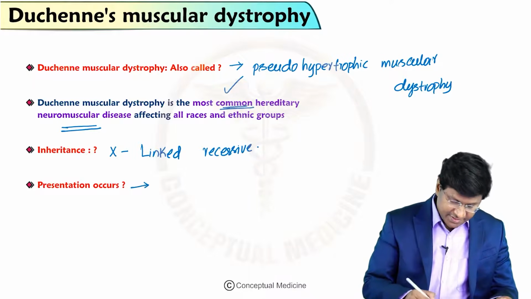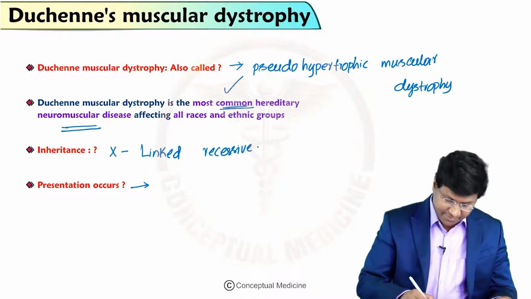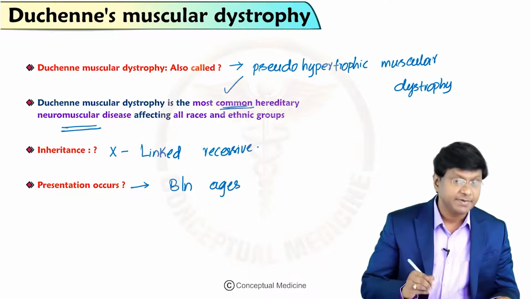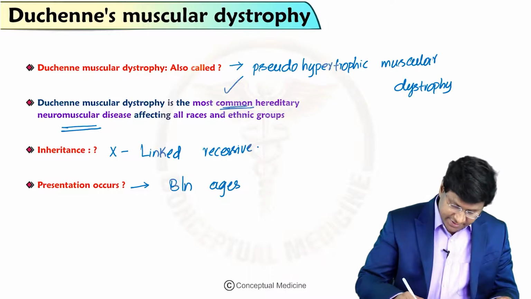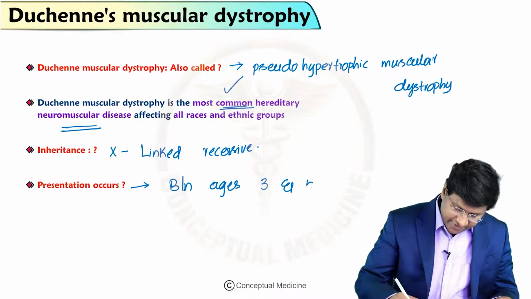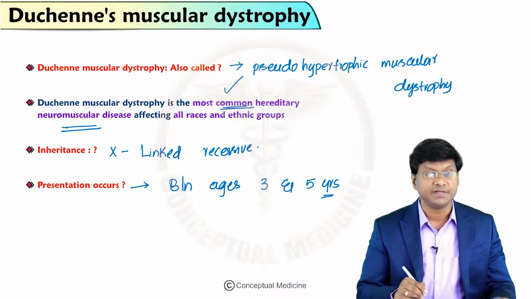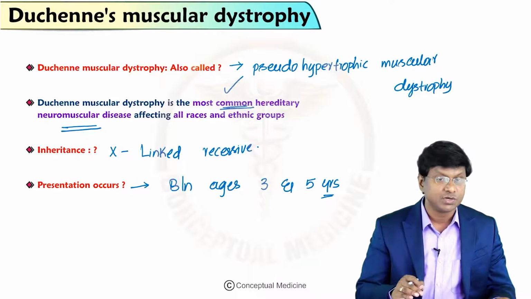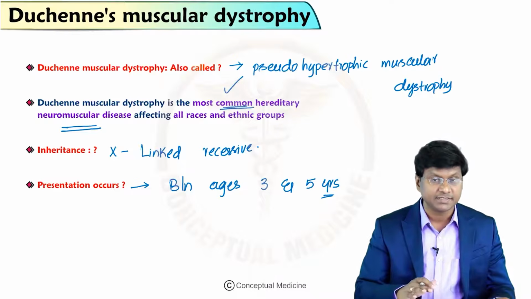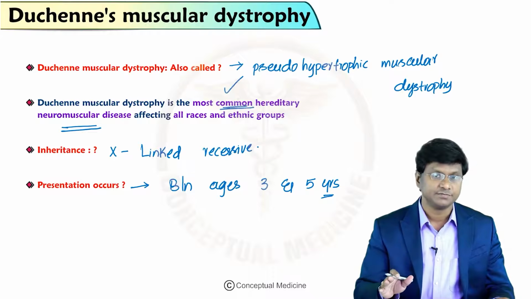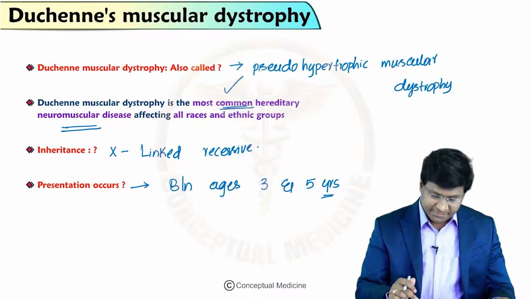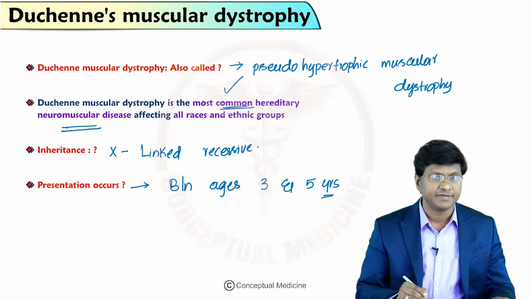The presentation occurs between ages 3 and 5 years. This disorder does not present at birth or in infancy. They present between the age group of 3 and 5 years.